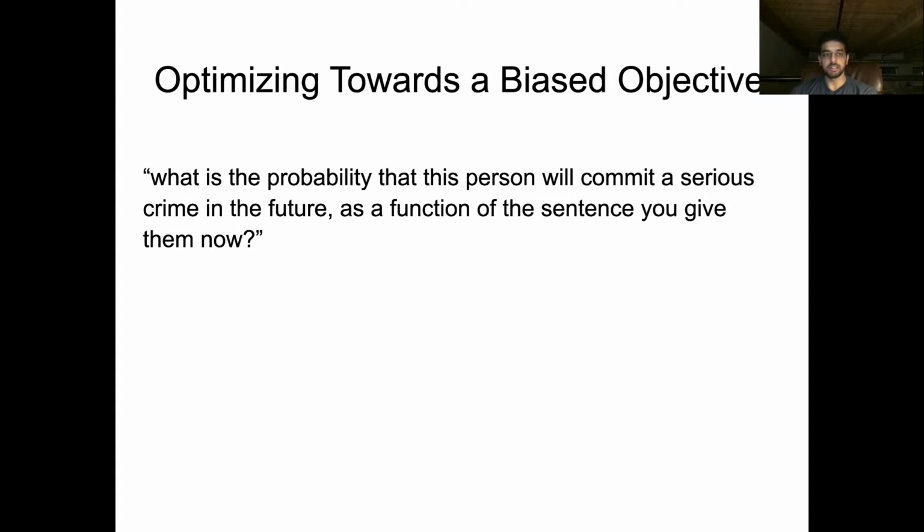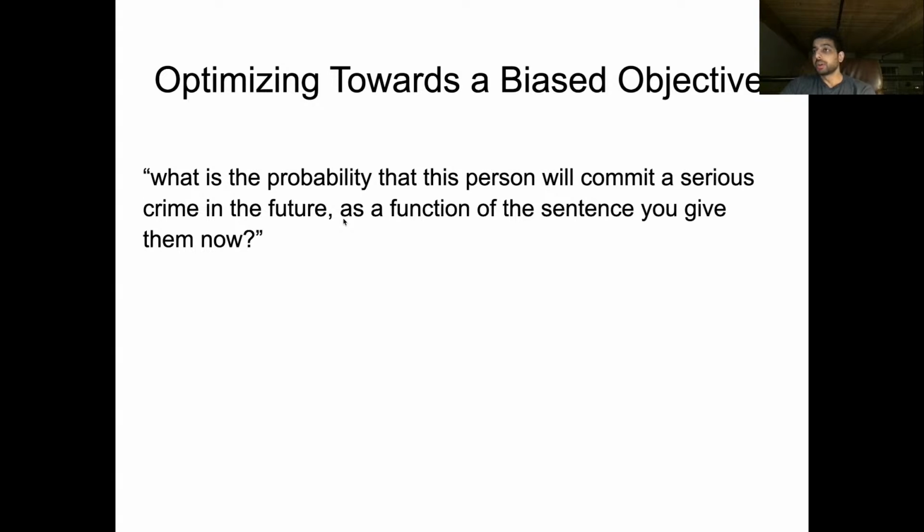It was a machine learning model that is trained to predict the probability that a person would commit a serious crime in the future as a function of the sentence that you give them now. The issue with this formulation is that you can't ever get labels for this task, right? Because this is an event that's going to happen in the future.